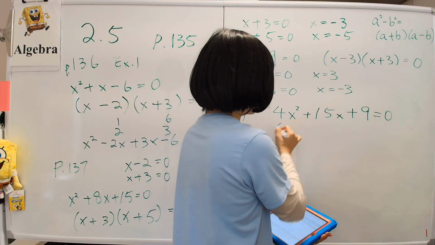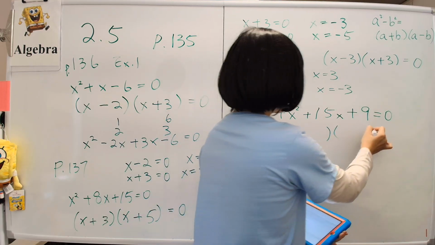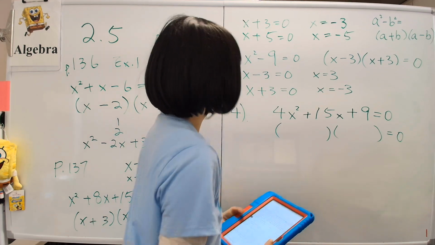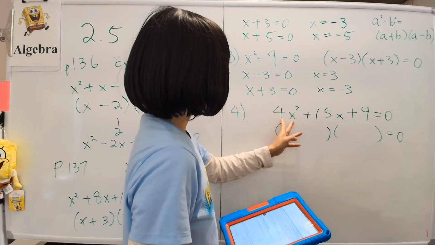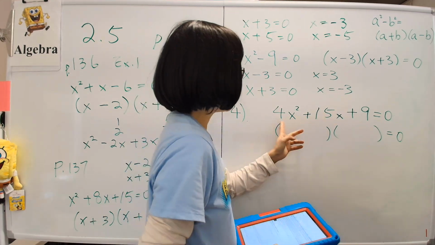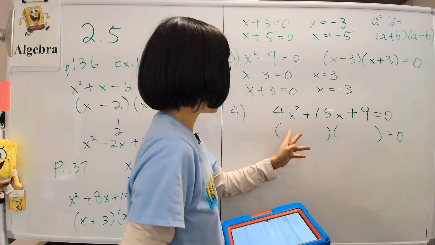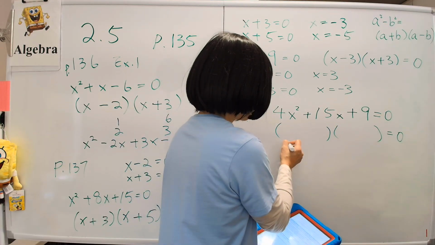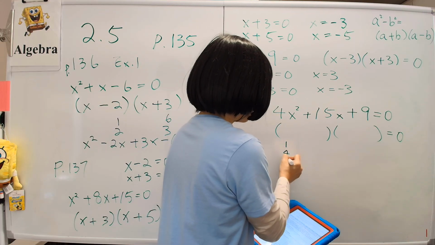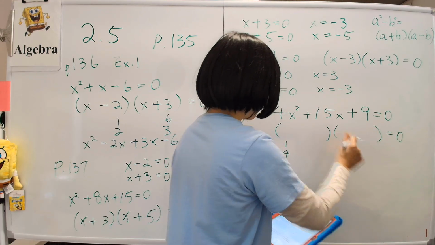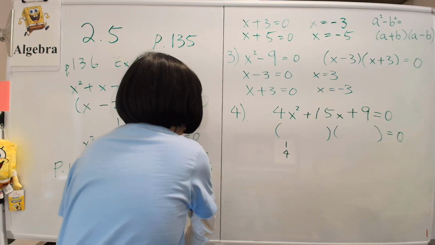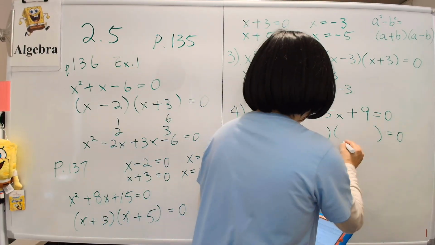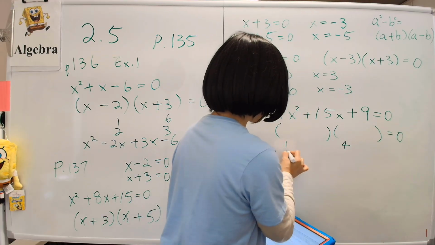And we have to come up with something, then multiply equal to 0. Now, what might it be? So the x coefficients can either be 1, 4 or 2, 2. 1 times 4 is 4, and 2 times 2 is 4.